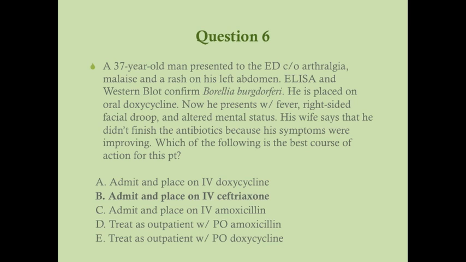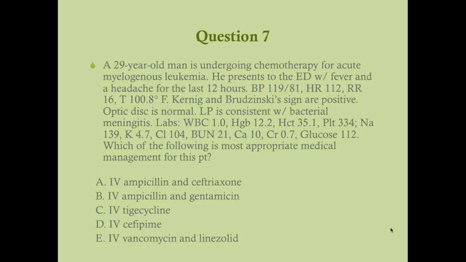Okay, 29-year-old man is undergoing chemotherapy for acute myelogenous leukemia. He presents to the ED with fever and a headache for the last 12 hours. Blood pressure is 119/81, heart rate 112, respiration 16, temperature 100.8, Kernig and Brudzinski signs are positive, optic disc is normal, lumbar puncture is performed and consistent with bacterial meningitis.